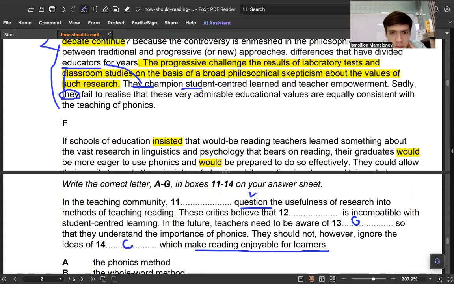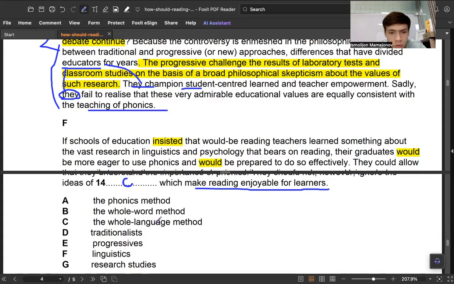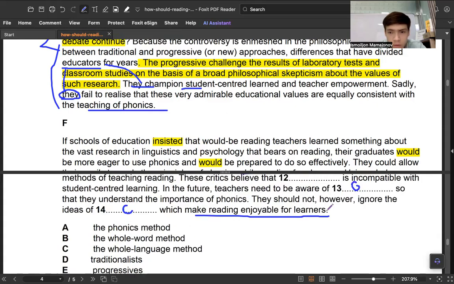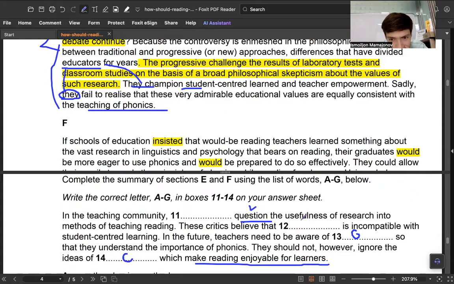Sadly, they fail to realize this very environment equals consensus teaching of phonics. So basically saying phonics can do this. That's what it says. Linguists, no. Research science, no. Whole word, no. It says phonics. It's the answer. That's really the answer. 12 was kind of easy. But number 11, that's an actual challenge, I would say.